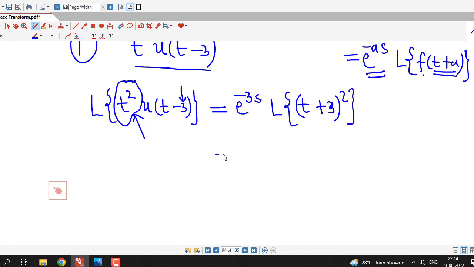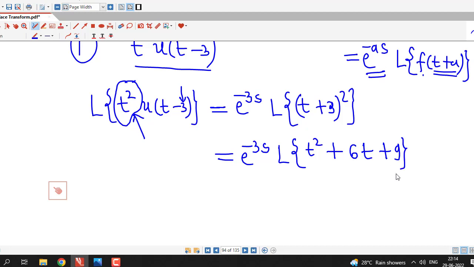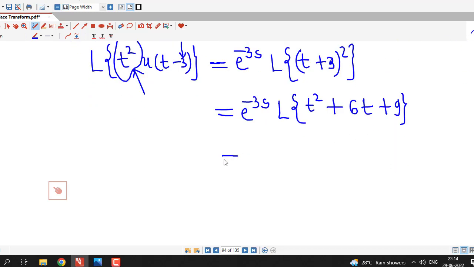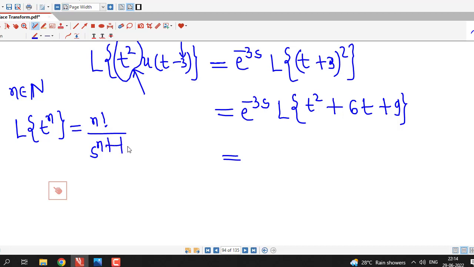So this is equal to e raised to minus 3s. To obtain the Laplace transform, we have to expand this. The square of t plus 3 is t square plus 2 into 3 into t, that is 6 times t, plus 9. And we know how to find the Laplace transform of this function. For that we use the formula: the Laplace transform of t raised to n, where n is a natural number, is n factorial divided by s to the power n plus 1.